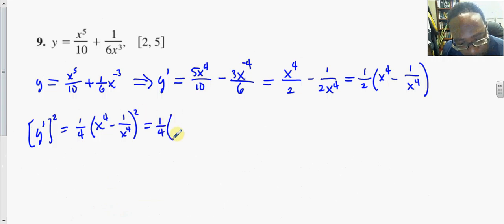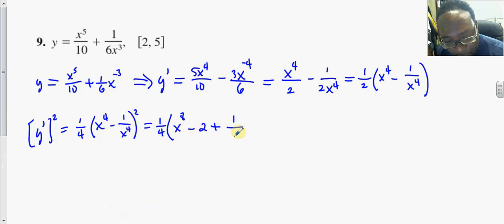So this is 1/4, and this is x to the 8th, minus 2 times x to the 4th divided by x to the 4th, which is just minus 2. And then this is plus 1 over x to the 4th to be squared. So this is plus 1 over x to the 8.